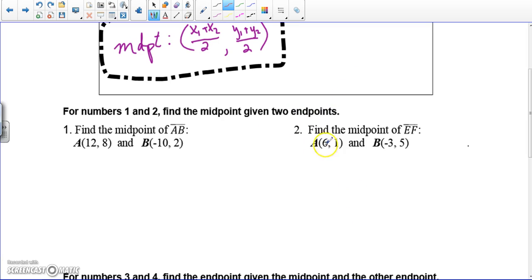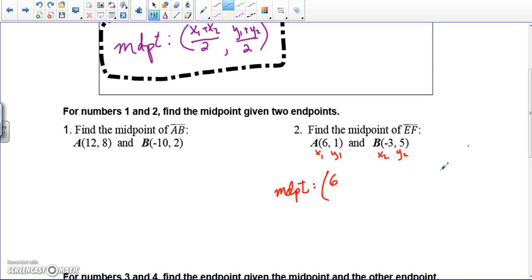So let's try one. And like I showed you last video, if you want to label these as x1, y1, and x2, y2, you can. But we're going to find the midpoint. x1, 6, plus x2. Here's where you have to be careful. Remember, it's just the average of the 2 coordinates. You don't want to combine x's with y's.